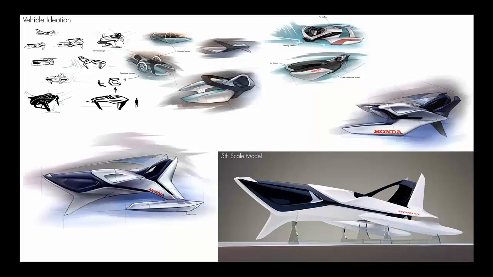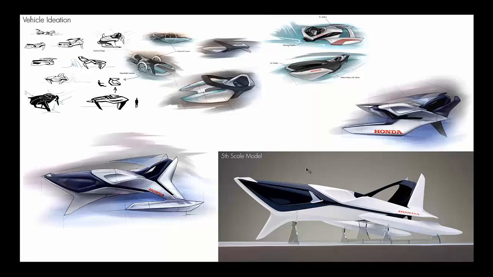Anyways, while I was at Art Center, I developed this Honda project. Here you can see, it started off with some thumbnails, a little bit of functionality, and a little bit of packaging and engineering, just to get a general idea of how this vehicle would be propelled and function and that kind of thing.